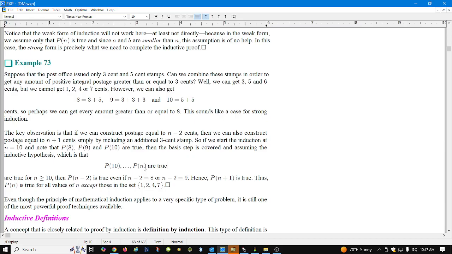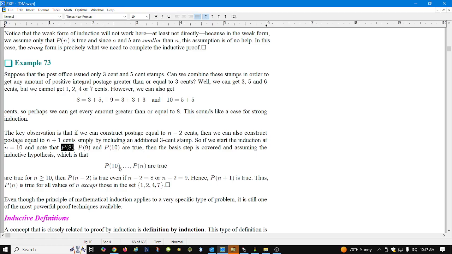Can we conclude from this assumption that n minus 2 cents are possible, that P of n minus 2 is true? Well, there's a little wrinkle here. If n is 10, then n minus 2 is 8. But that's why we note that P of 8 is true.